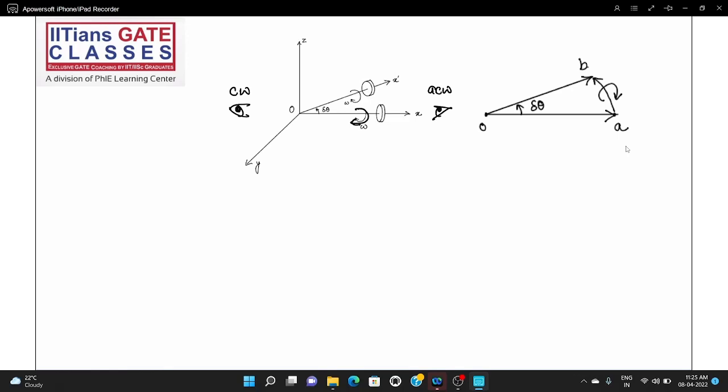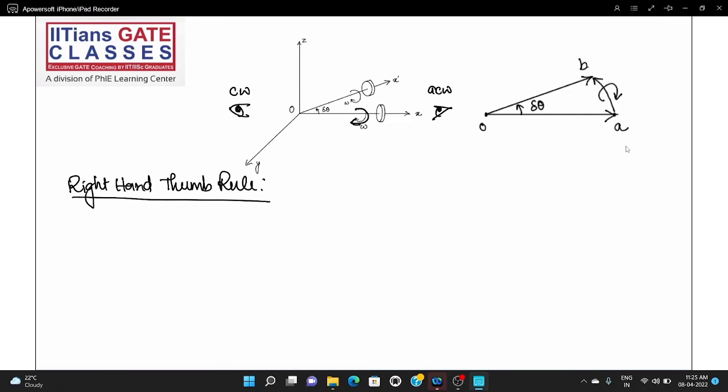So how do we determine the direction? We determine the direction of angular velocity, couple, angular momentum, or angular acceleration, all using the right hand thumb rule. What exactly does the right hand thumb rule say?